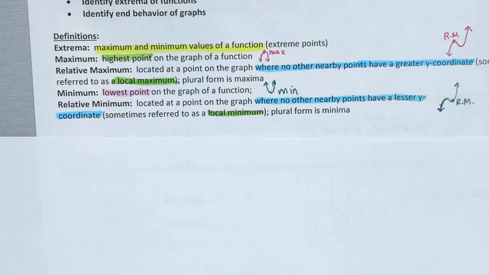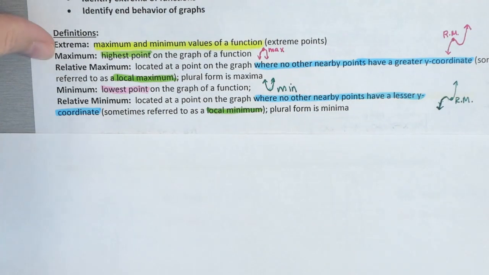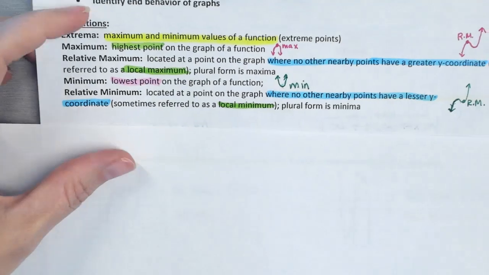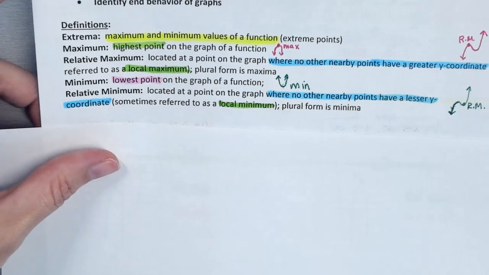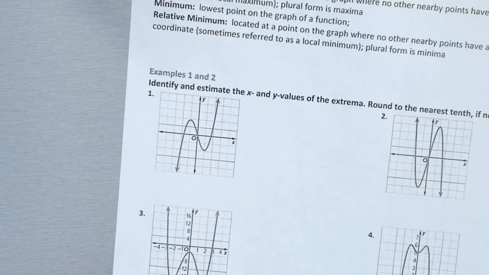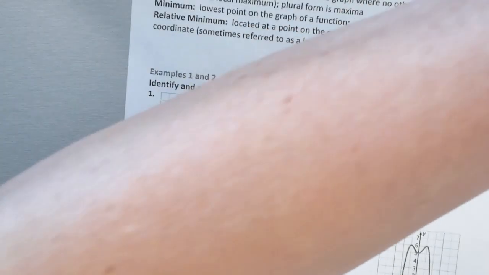Okay, so for our first examples, it says identify and estimate the x and the y values of the extrema. So if you see extrema, that means you have to find the maxes and the mins. And if it says that you're going to find the x and the y values, then you are going to write them as a coordinate point.